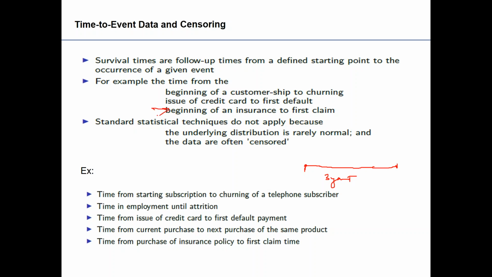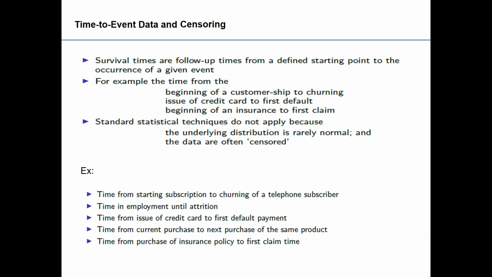Insurance claims: when was the policy taken, and after how much time the customer claimed his first insurance. Now the problem is we will not be able to apply logistic regression, because the data we are looking at is not the occurrence of the event but the time duration until the event occurs, and this data will never be normally distributed.